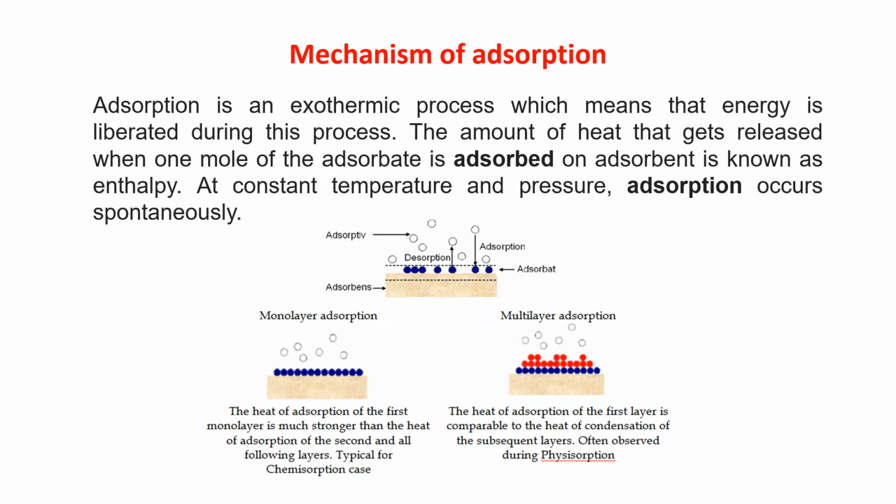Because when adsorption is taking place, the adsorbate molecules are coming and getting attracted by the adsorbent surface. That means some bond is forming. If the bond forms, it is always associated with the liberation of energy. So adsorption is an exothermic process because it will stabilize.